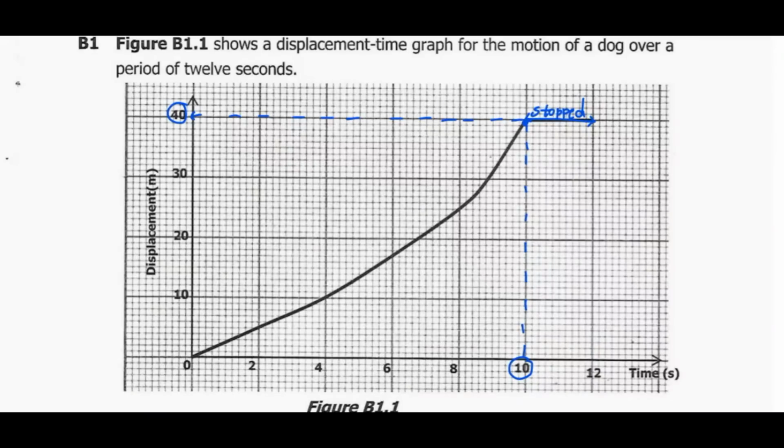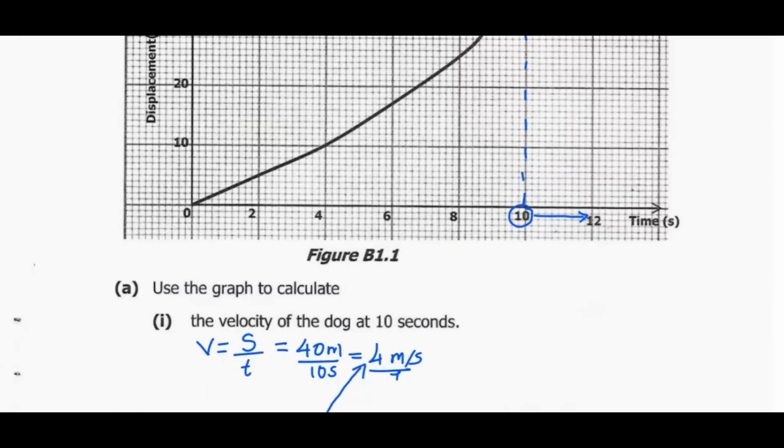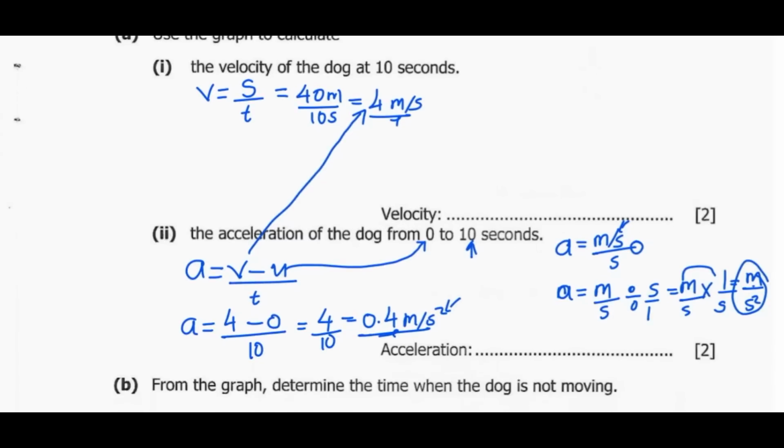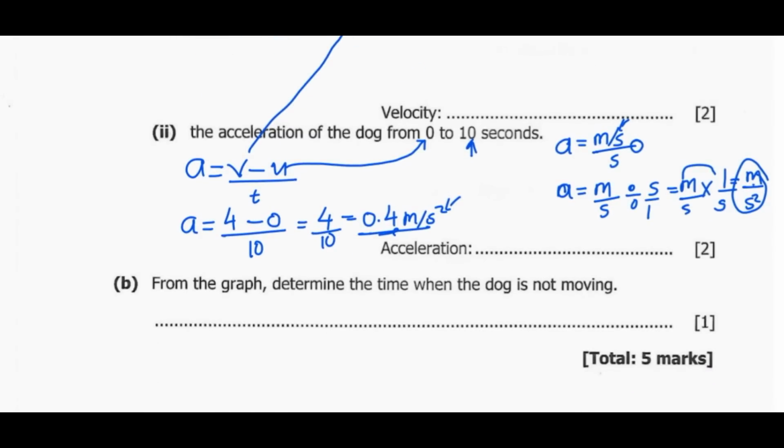It stopped moving from 10 up to 12 seconds. So the time elapsed was just 2 seconds. So we'll say from 10 to 12 seconds, which is for 2 seconds.